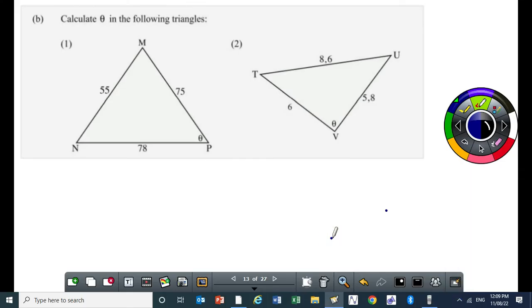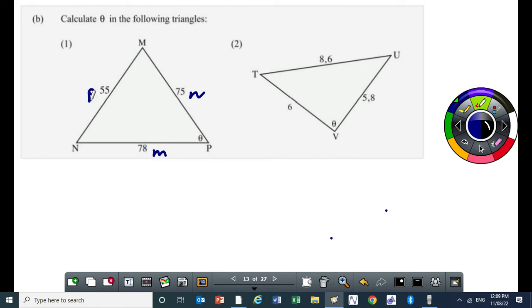All right. So here, first thing, can I have your attention? First thing, you must label your three sides. Generally, I prefer the small letters. So this will be small n, small m, and then p.